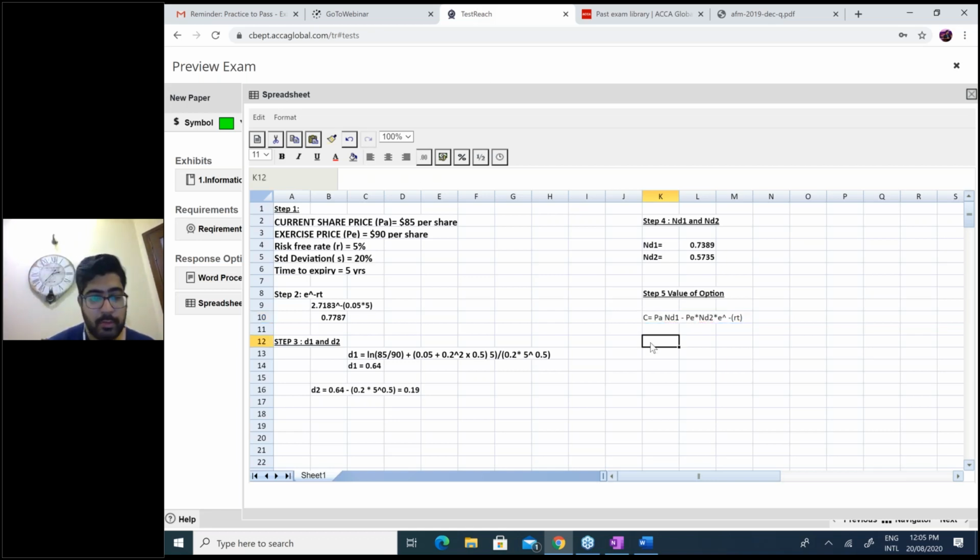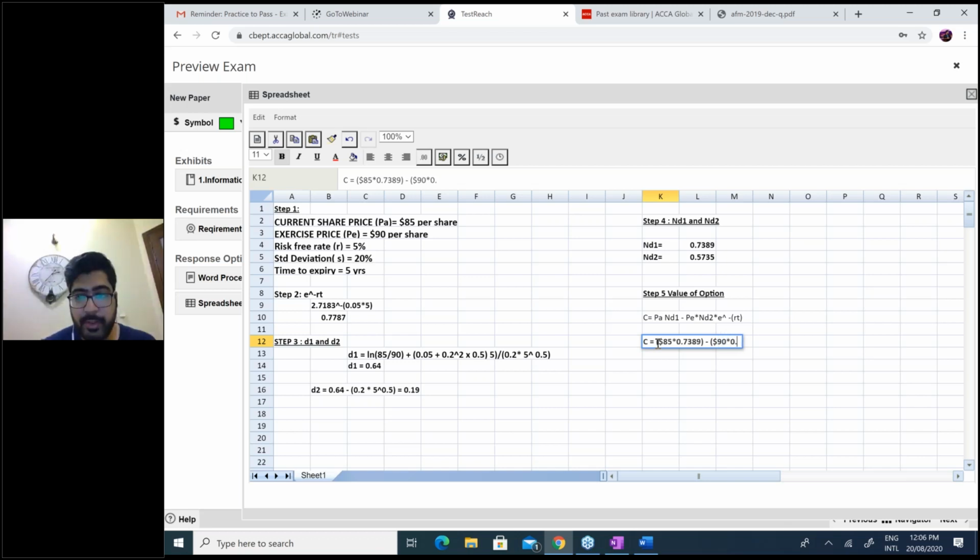Okay, so apply the call value formula. Call option value is equal to PA. What is PA? It's 85, into ND1. What is ND1? 0.7389. Minus PE. What is PE? $90, into ND2.